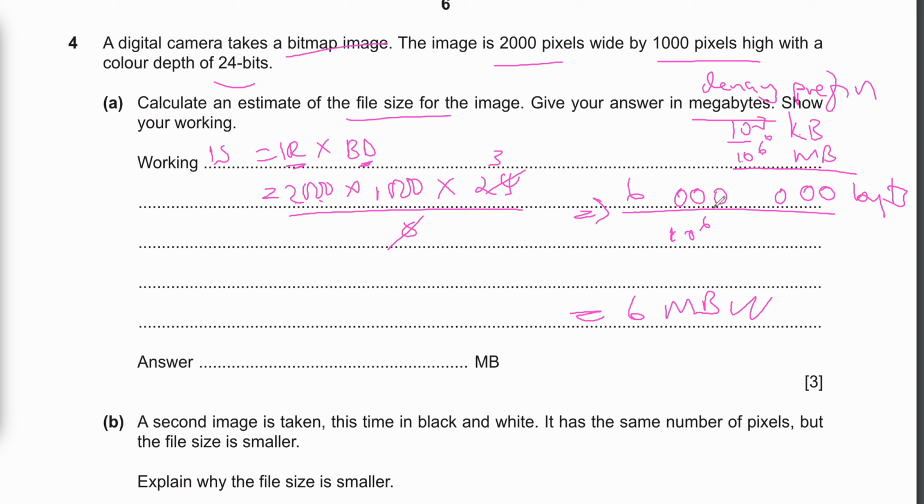Always remember that megabytes and mebibytes are different. If they wanted us to calculate in mebibytes, it was supposed to come through like this, whereby I was supposed to be dividing by 2 to the power of, is it 12? 2 to the power of 10, 2 to the power of 12.